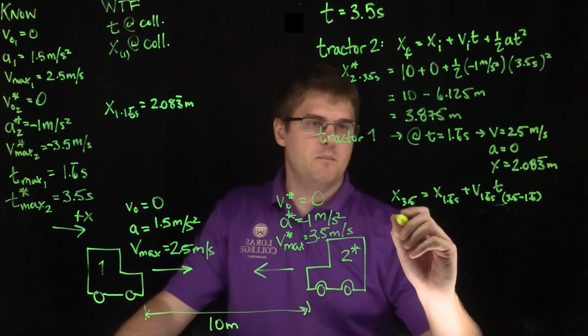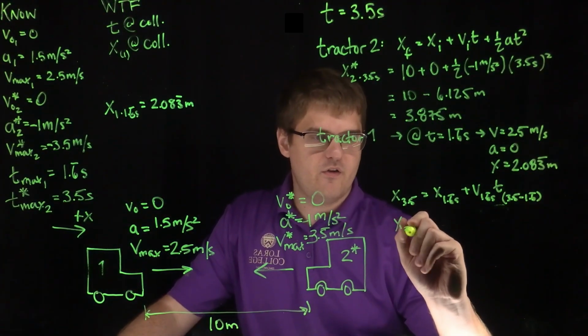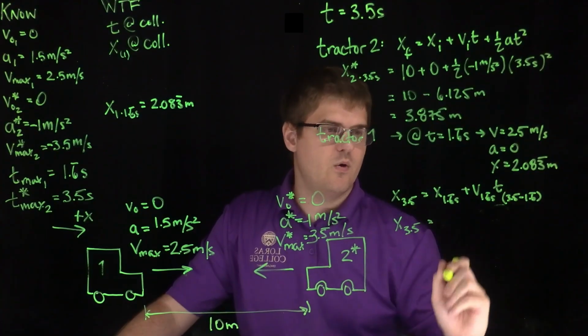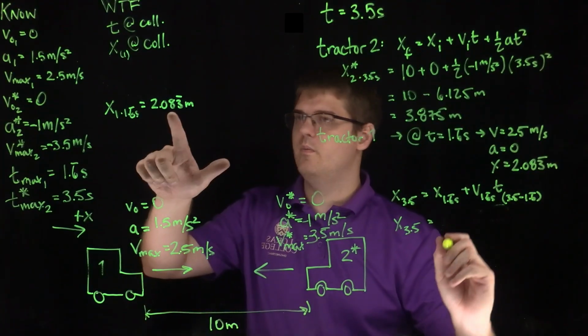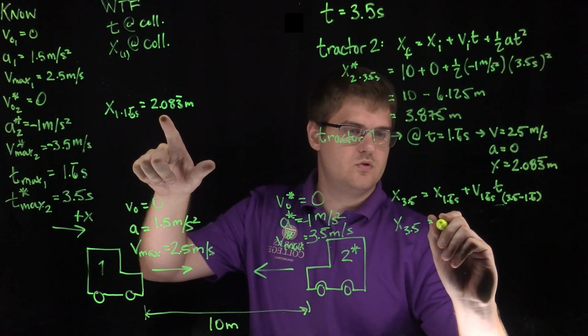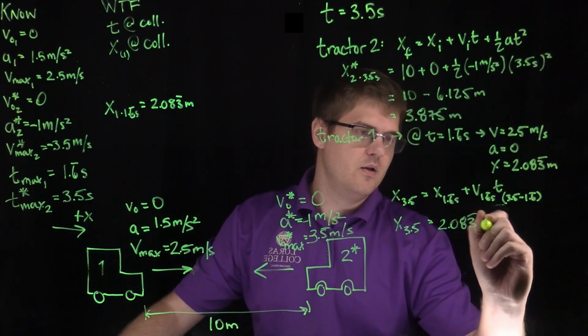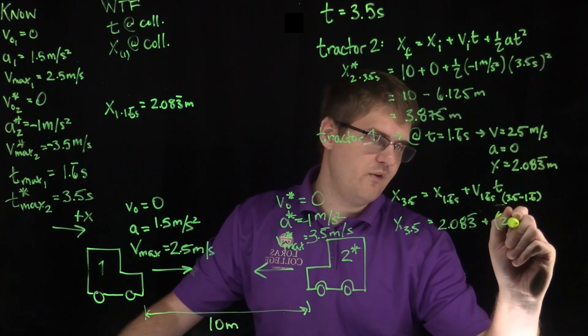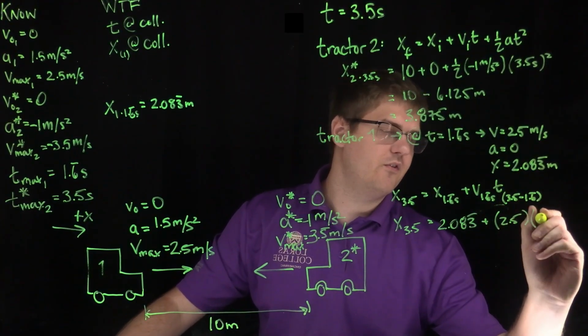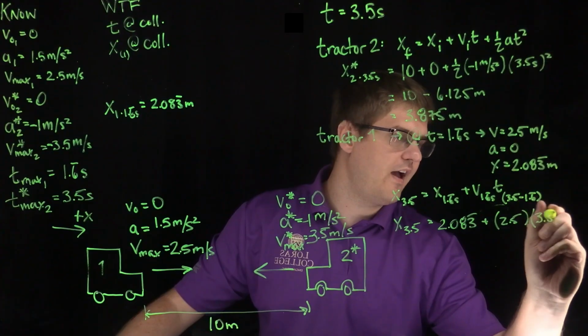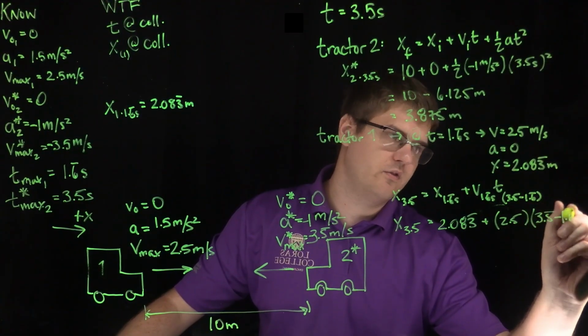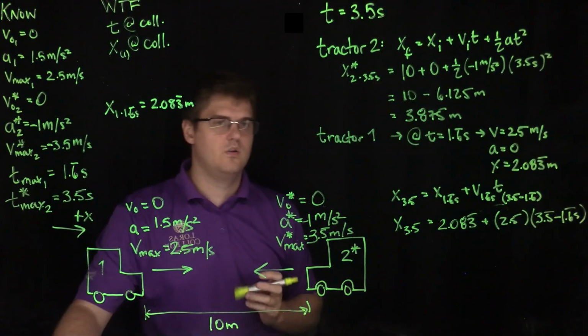So my position of that tractor at 3.5 is going to be equal to 2.083 repeated plus 2.5 times the difference in time of 3.5 minus 1.6 repeated seconds.